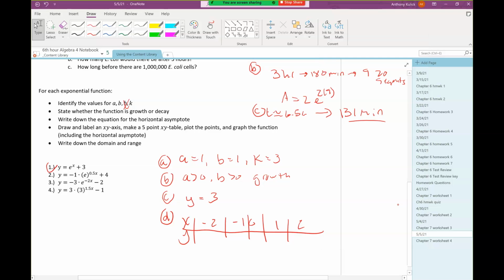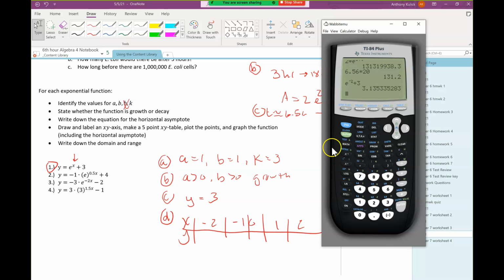Just for number 1, I'm just filling the values in for x. Right? Just like we did before. So there's my first y. There's my second y. And just rounding these to the tenth. Oh, fine. I see what you're doing. Okay.